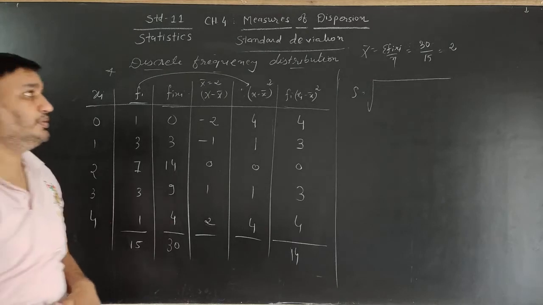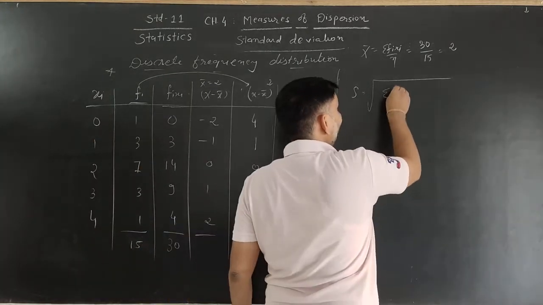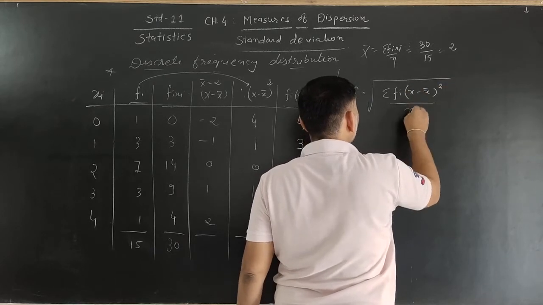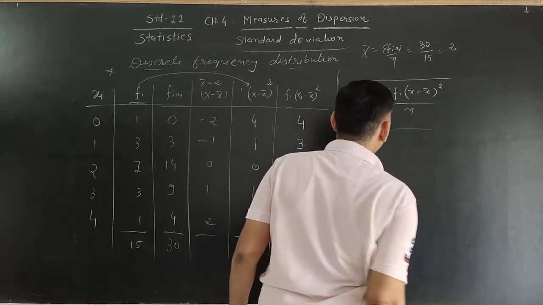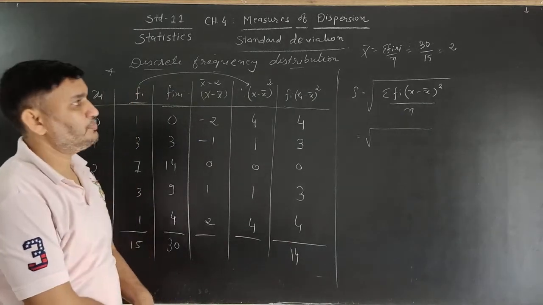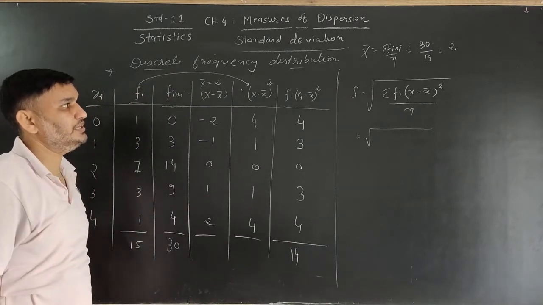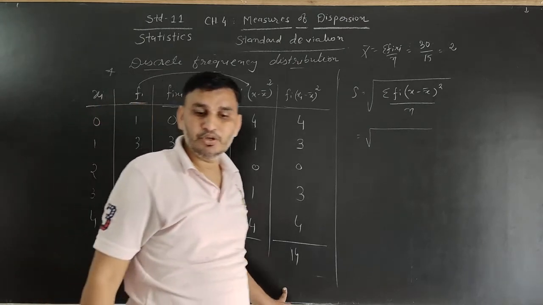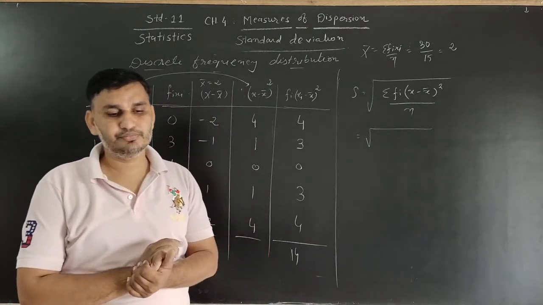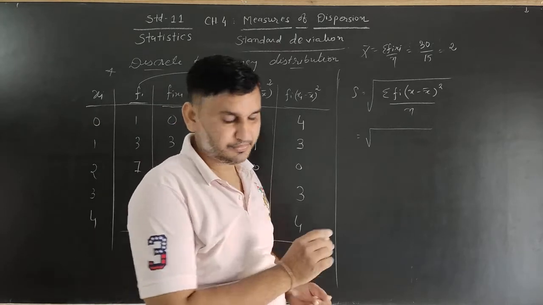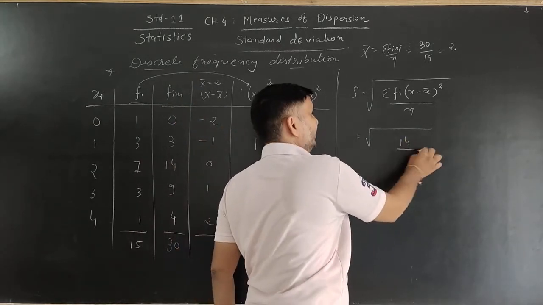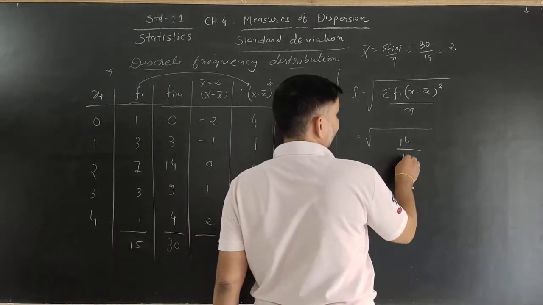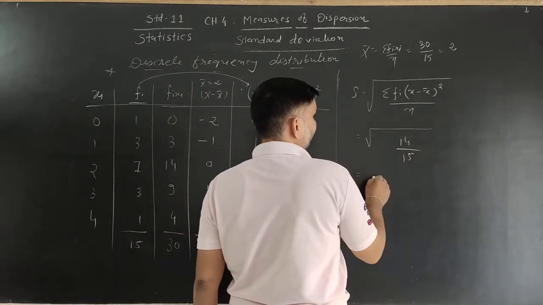Now that's very simple. We know the formula: square root of summation fi into bracket xi minus x bar square divided by n. So summation fi into bracket xi minus x bar whole square, that's 14. The answer is 14, divided by n, the number of observations.